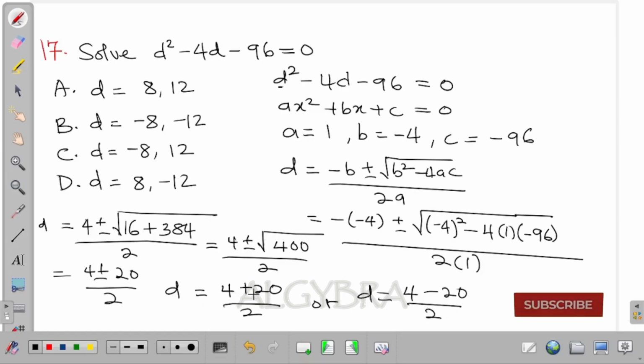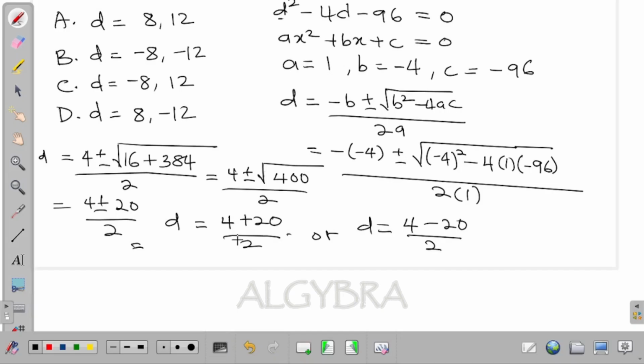In this case, 4 plus 20 is 24 over 2, or d is equal to 4 minus 20, which is negative 16 over 2. There's a 2 in 2, which is 1, and a 2 in 24, which is 12. So we have that d is equal to 12.